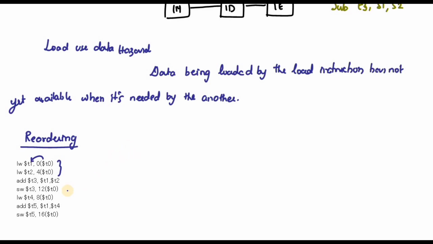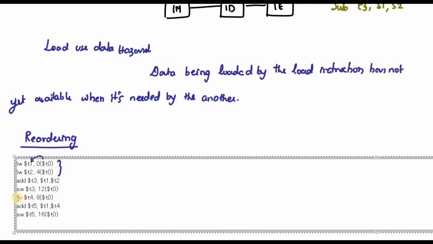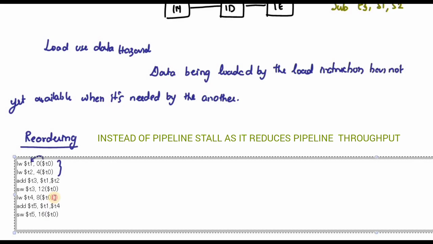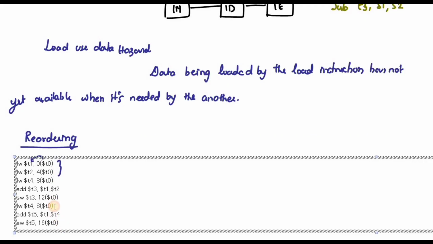So what I'm going to do, instead of writing this instruction, I'm going to rearrange this one. I'm going to copy this and paste it here, this load data.